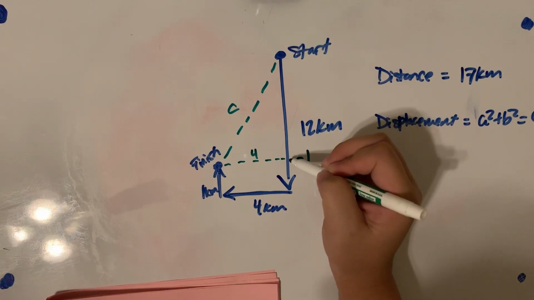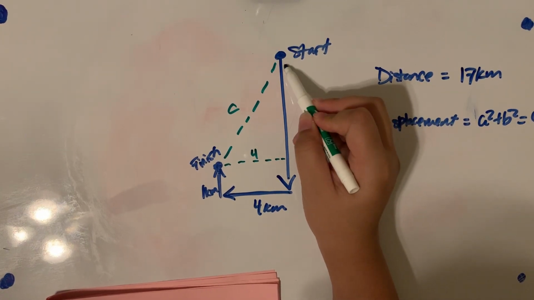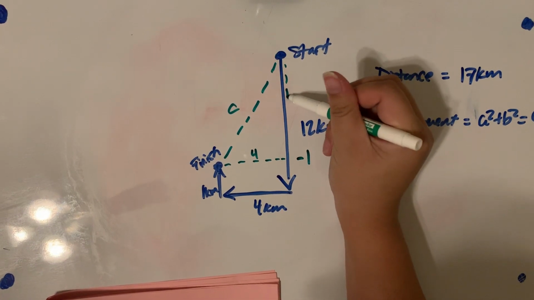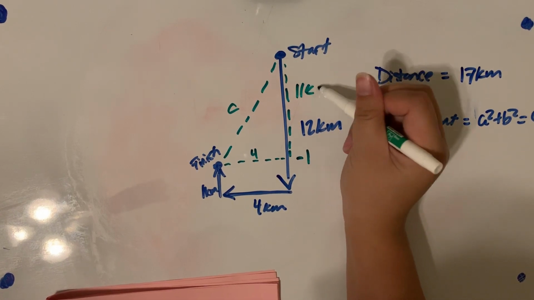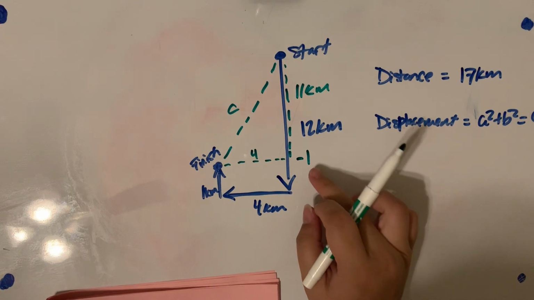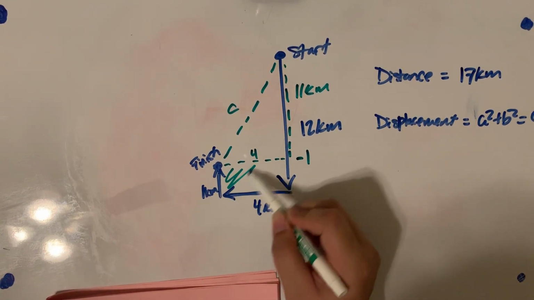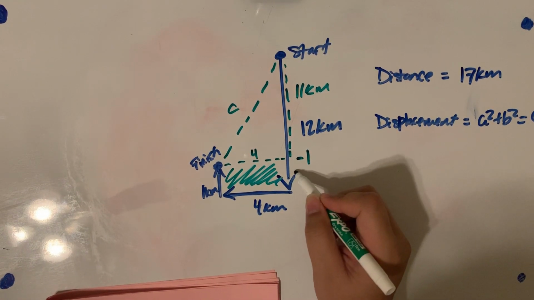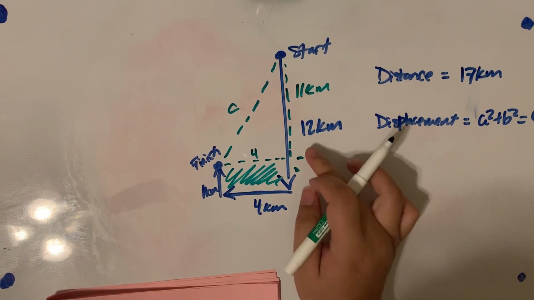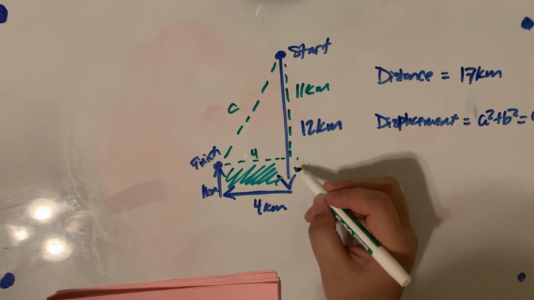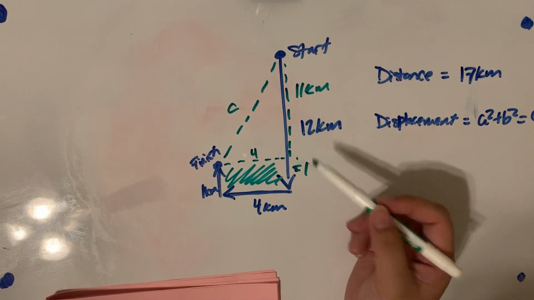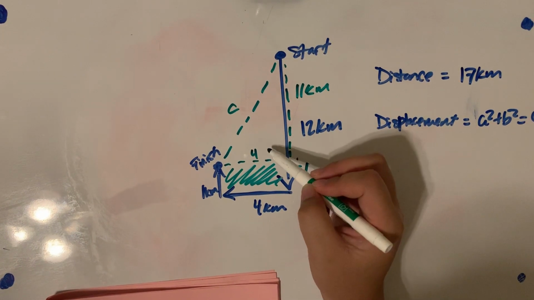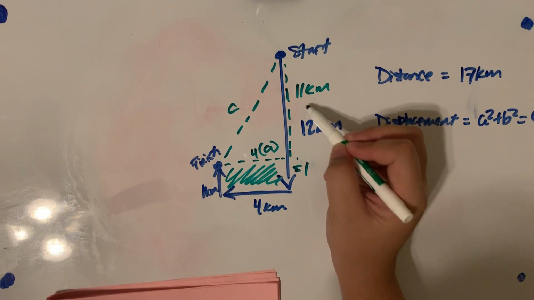So that means this side right here is 11 kilometers because we subtracted 1 for this area right here. This area is equal to that 1 kilometer we subtracted. So, you have your A, you have your B.